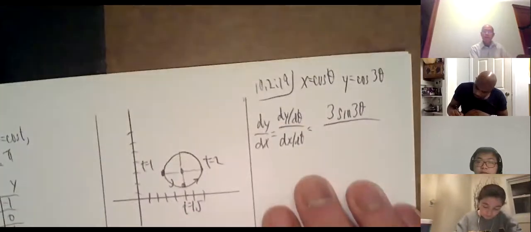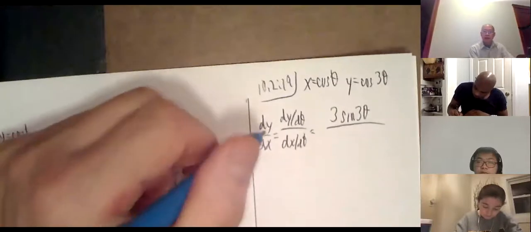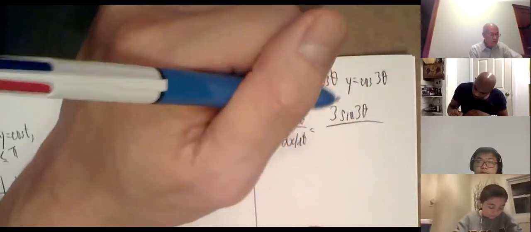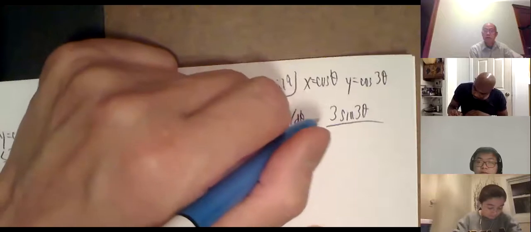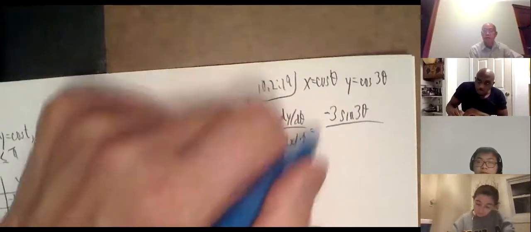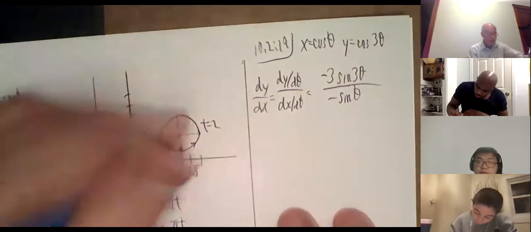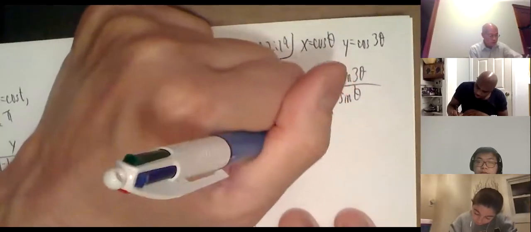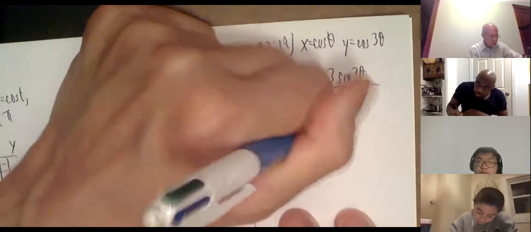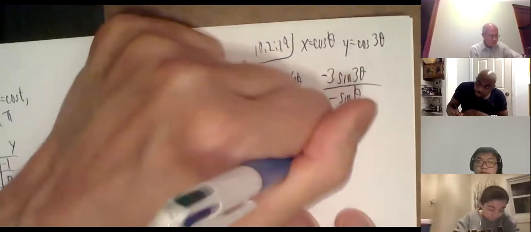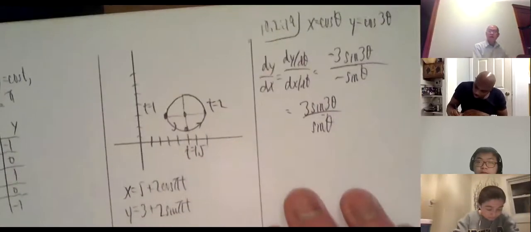So dy/d theta is negative sine 3 theta times 3. Oops, should be a minus. And dx/d theta is negative sine theta. Negatives cancel out, so 3 sine 3 theta over sine theta.